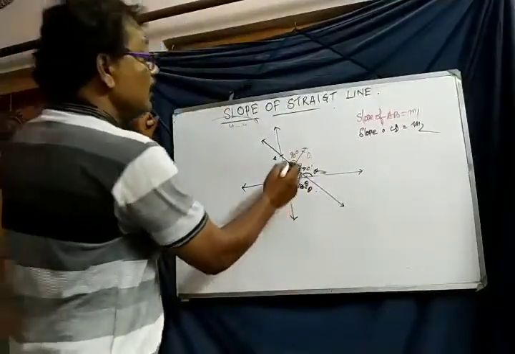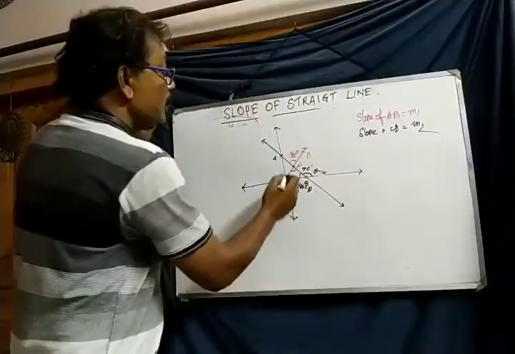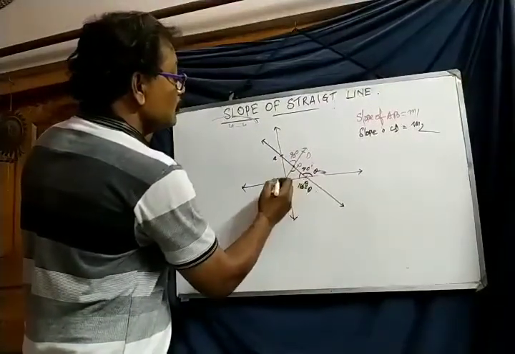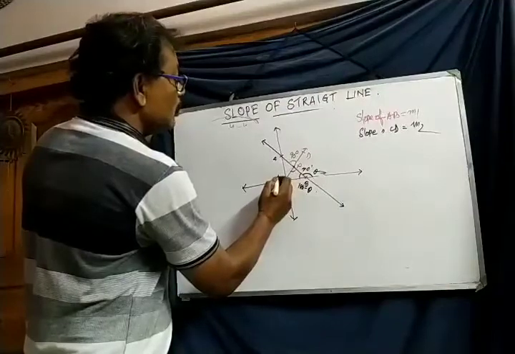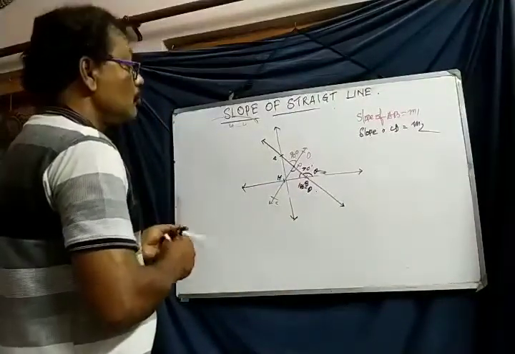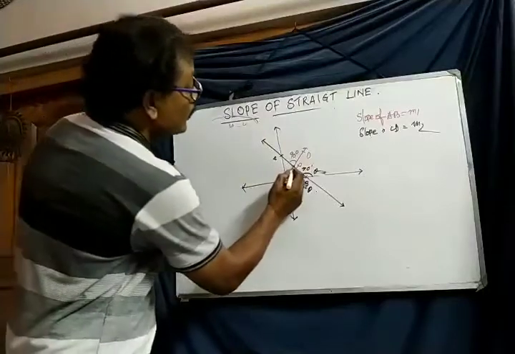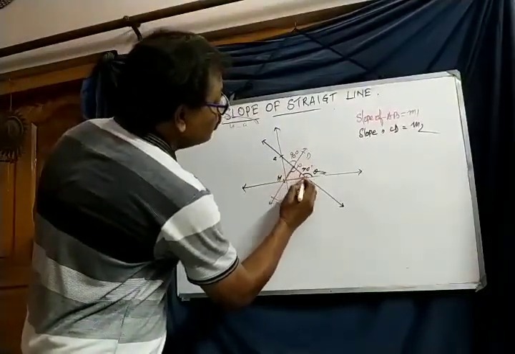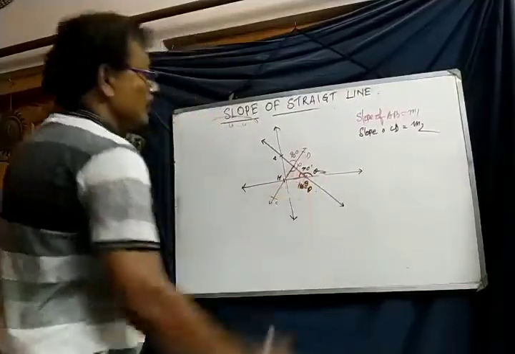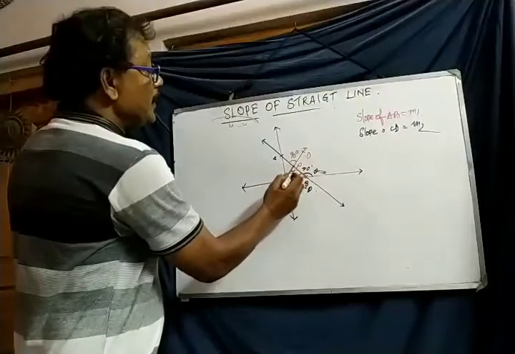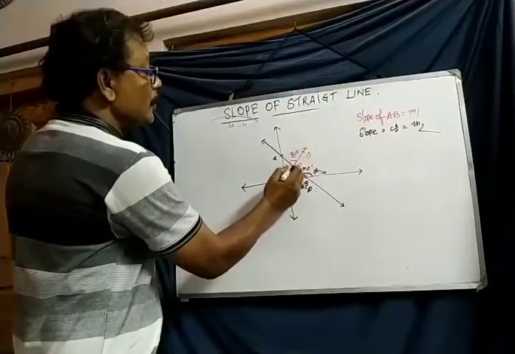So in the triangle PMB, look here, full red mark, PMB, in this triangle, angle MPB is 90 degrees, this is the vertically opposite angle.